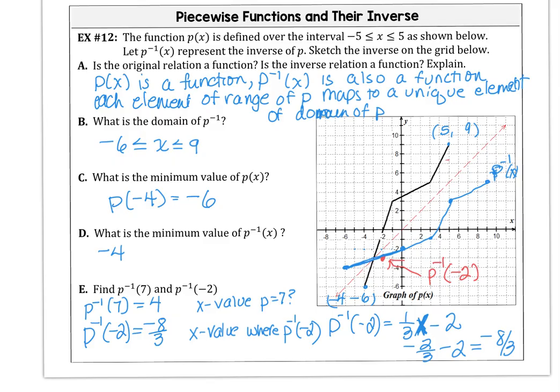All right. We could have done it off of here too. This would have given us negative 8/3. So negative 2 is on the p function, and on the p inverse function, the p inverse of negative 2 is negative 8/3, and we see that property where the x and y's are interchanged.